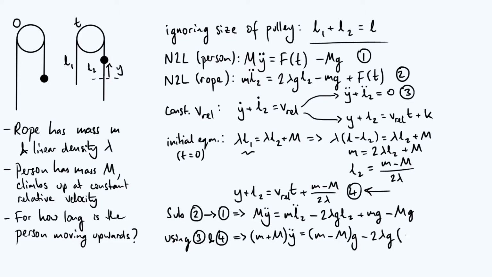And so L2 is equal to v_rel times t plus that term (m minus M) over 2 lambda, and then minus y. Now I'm going to need to clear off some of these equations from the top of the screen, so you may want to pause and just have a look over any steps that you weren't sure of there, and then we'll move on.